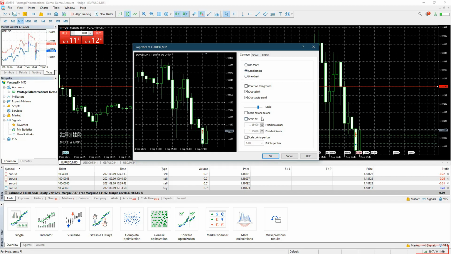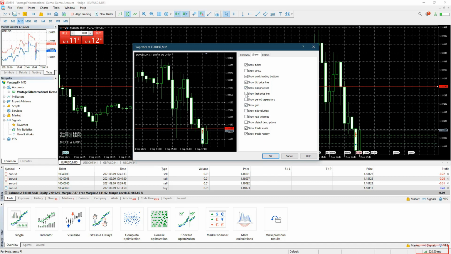Most of this here, you don't have to bother about. You come here to Show, and this is where you select what exactly you want to see on your chart. You see only one line here, which is the bid price. Now you may want to see both the bid and the ask price line, so you'd select both of them, and you'd see the preview here.